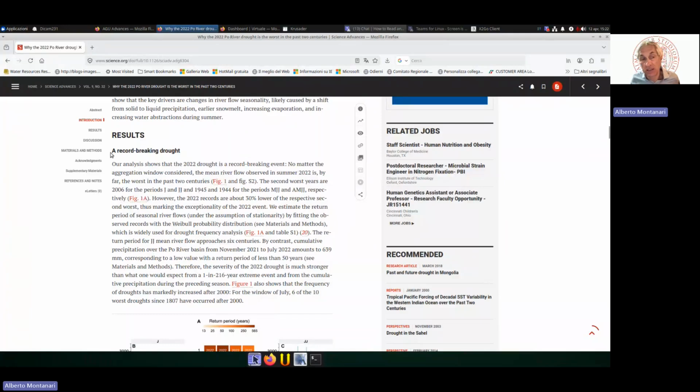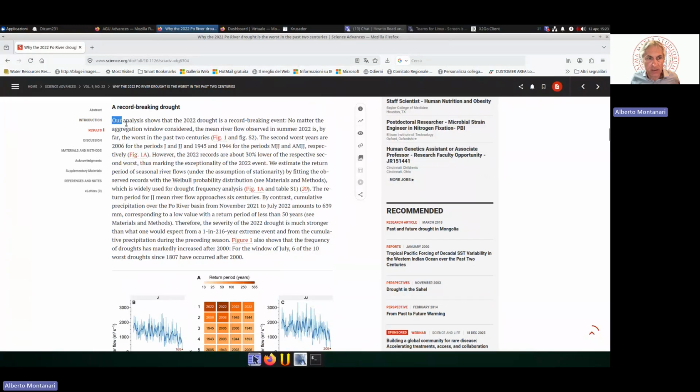But in this case, we see that there is the section dedicated to the results. And then we see here, our analysis shows that the 2022 drought is a record-breaking event. And then there is the explanation of why it is a record-breaking event. And you see that there is a figure. And at this stage, the figure becomes very important, because when you deliver technical details only through the text, it may become something not immediately clear.